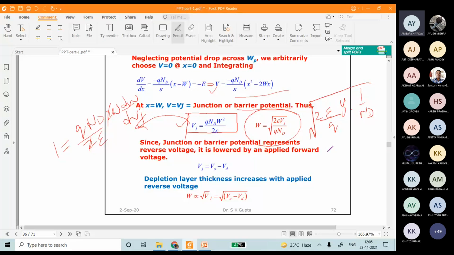So this was the equation when Na is greater than Nd.